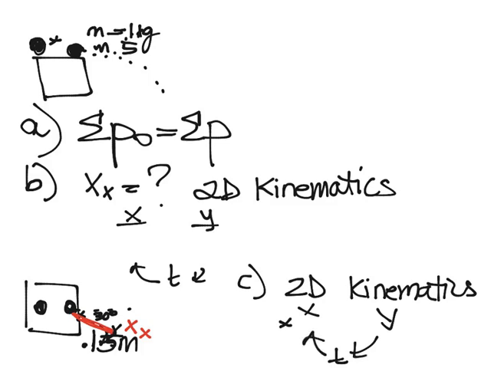Okay, in part D it asks for the Y component of the incident ball A's momentum right after the collision. Okay, so for that, you know, it's right after the collision. What we're going to use is sigma p naught y equals sigma p y. Okay, so that's the basic idea. Those are the things you're going to use.